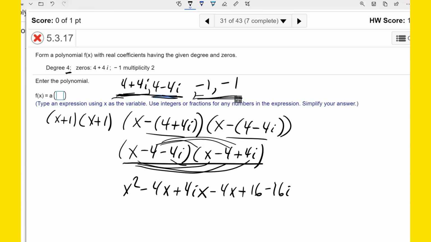Then I'm distributing the -4i: minus 4ix plus 16i minus 16i squared. All right, let's simplify this a little bit. First, remember what i squared is? i squared is actually -1. So this becomes just plus 16. There is also a lot of canceling out that's going to happen. That's a good thing.